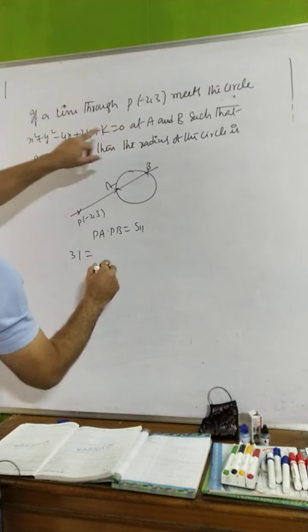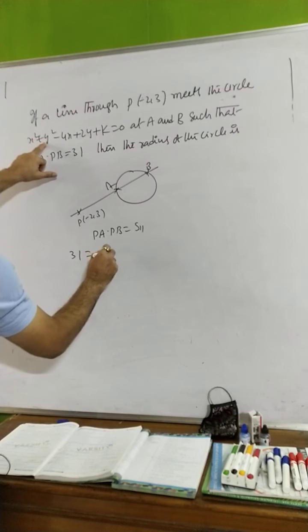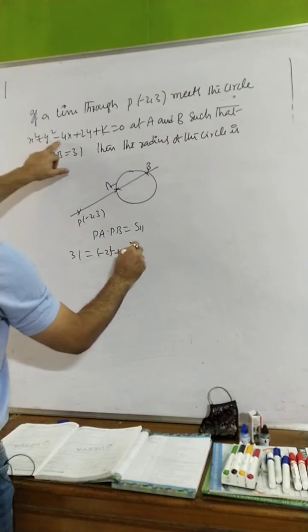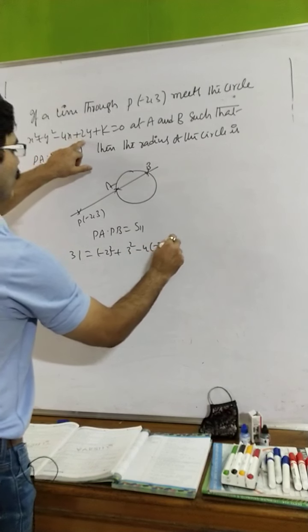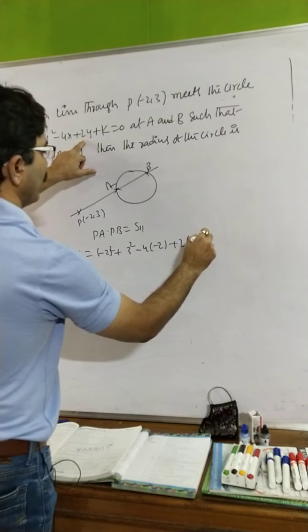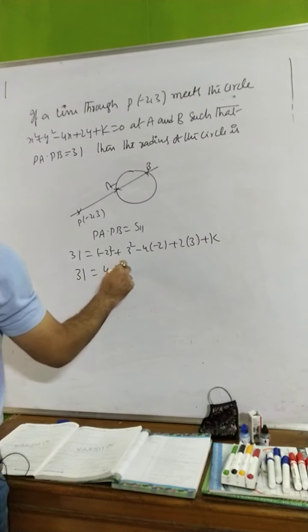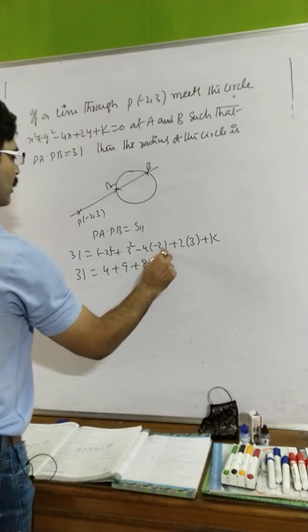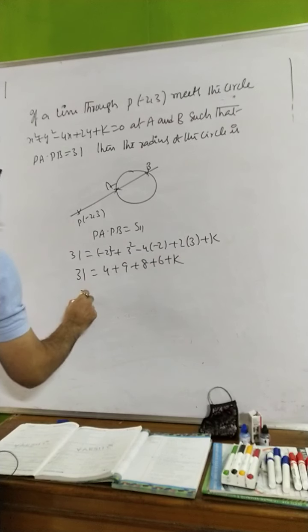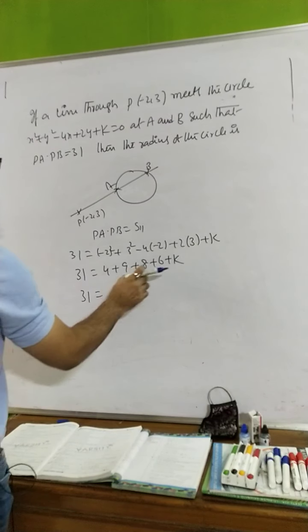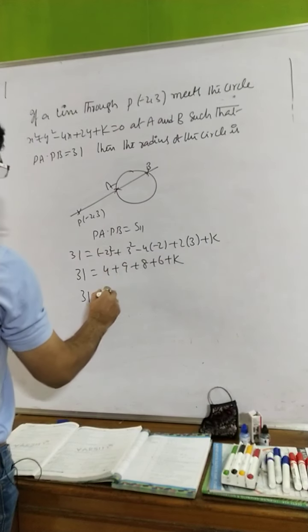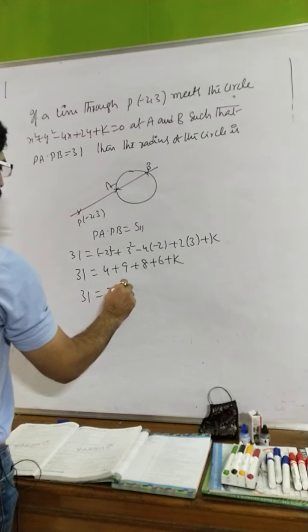S11 means you just substitute that point in this one. That is minus 2 whole square plus 3 square plus 4 into minus 2 plus 2 into 3, plus K. We got 31 equals 4 plus 9 plus minus 8 plus 6 plus K. So 31 is equal to 19, plus K is there.